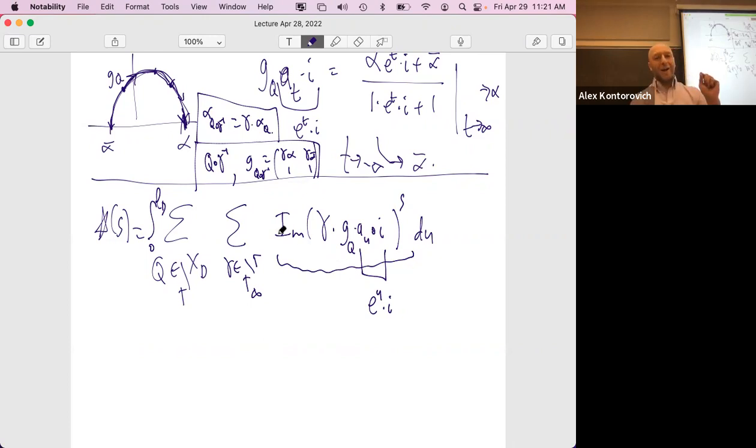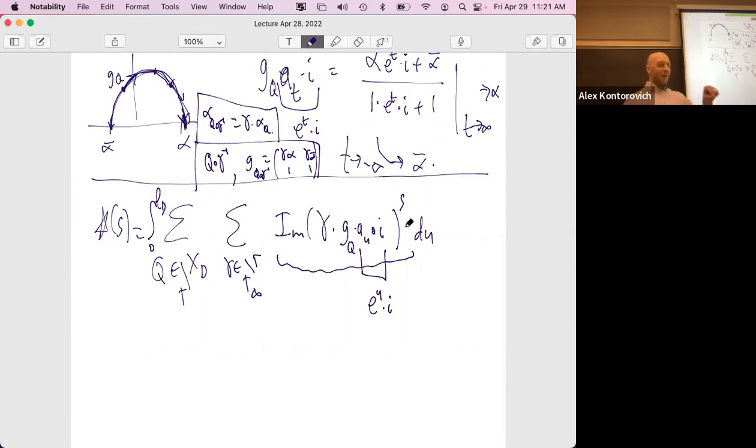No, this is projecting from the unit tangent bundle just to the space itself. So I'm forgetting the tangent vector. It also acts on the element i. I'm forgetting about the second component. I don't care about the tangent vectors. The Eisenstein series isn't a function on the unit tangent bundle.